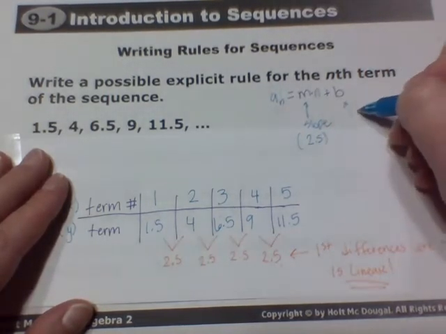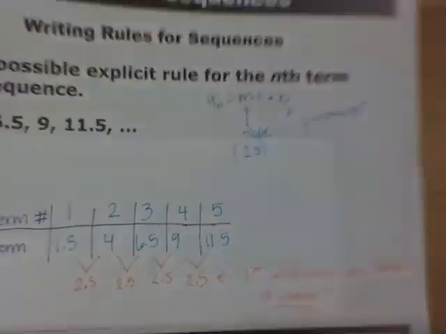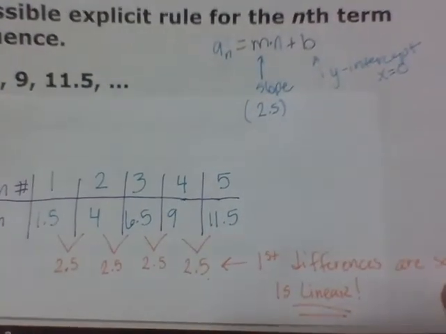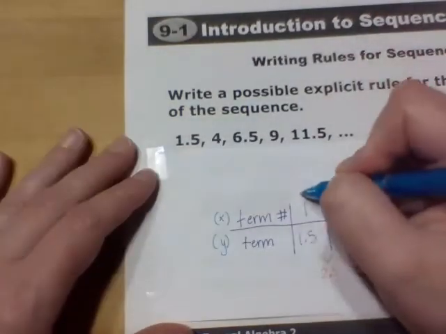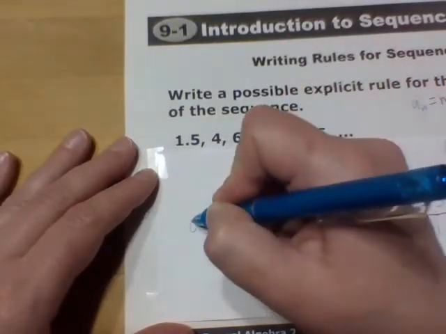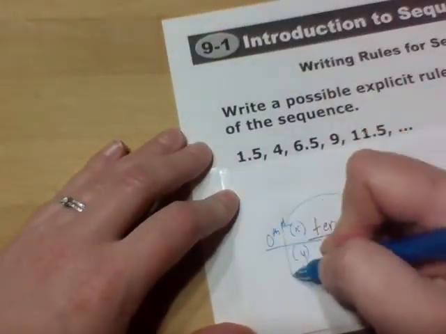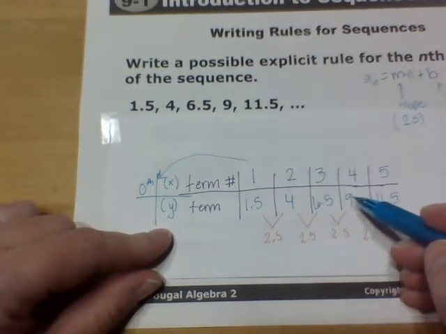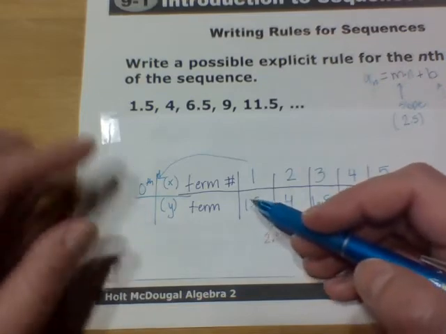This is our y-intercept. But remember that we don't actually have a y-intercept because that would have meant that the x equals 0. So we actually have to make an x equals 0. So we need to skip over and make a 0th term. So if we think of this as a pattern, to get backwards, right, from 9 to 6.5, we subtracted 2.5, subtracted 2.5.